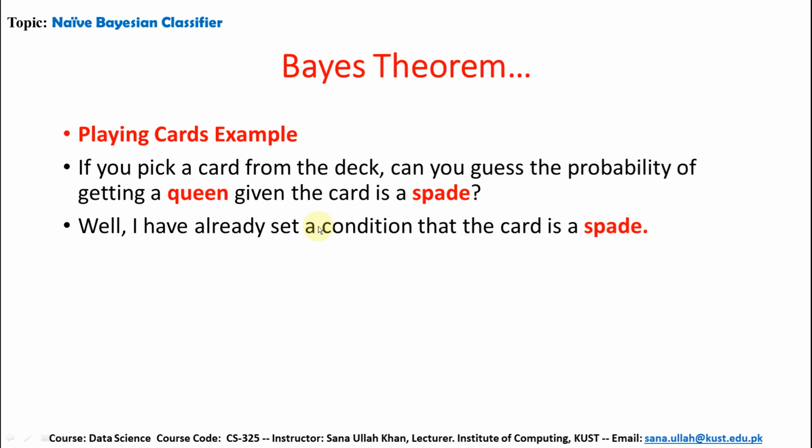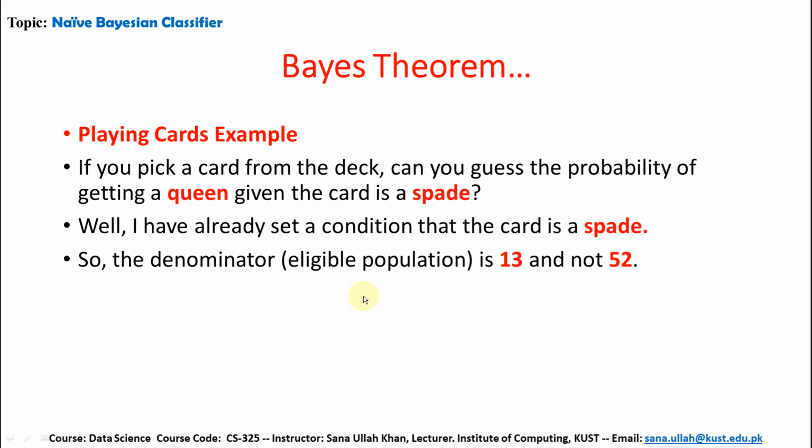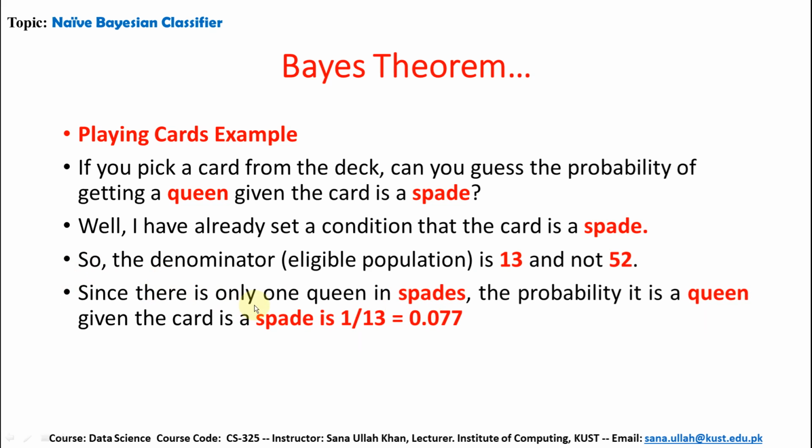I have already set a condition that the card is a spade, so the eligible population is 13 and not 52. Since there is only one queen in spades, the probability it is a queen given the card is a spade is 1 over 13.